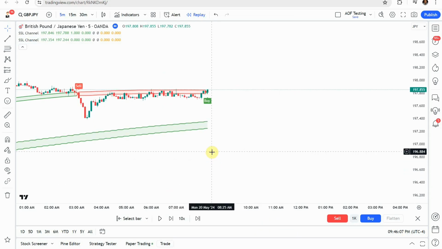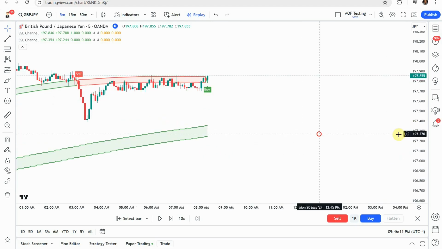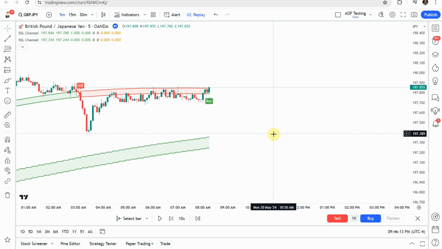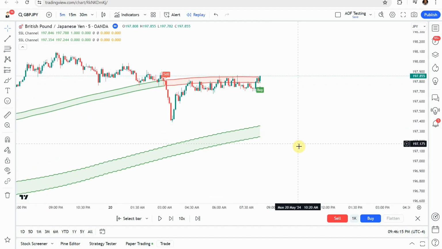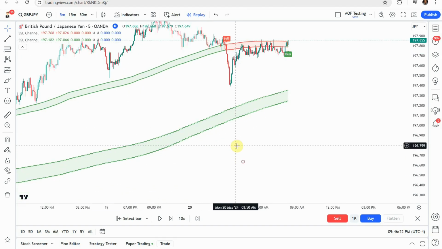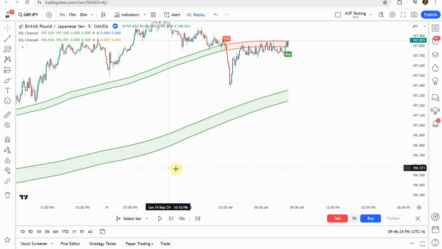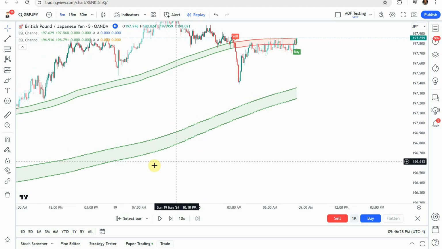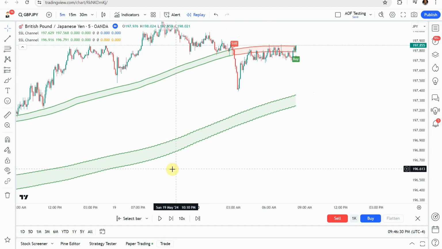Click OK. And so what we're looking for in a long trade is for the price to be trading above the 15-minute SSL channel. This one right here is the 15-minute. You can see it's kind of jagged, which indicates that it is the higher time frame SSL.